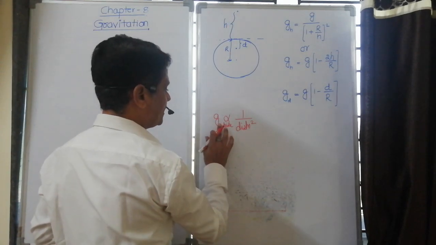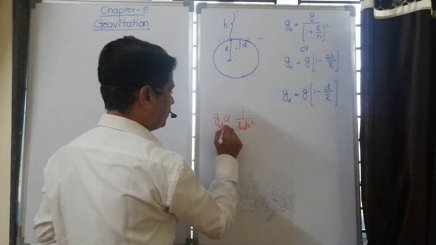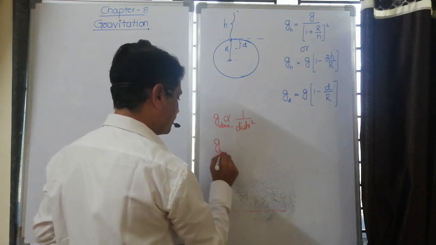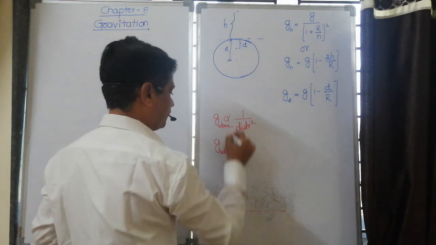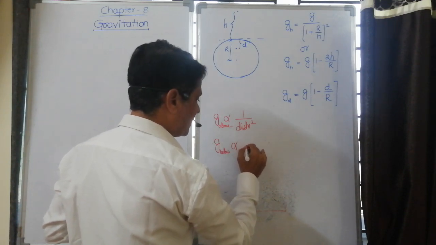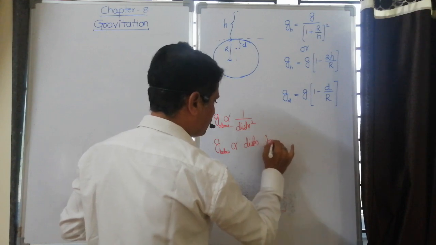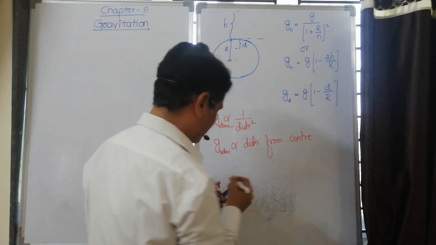Instead of using the word outside, I can say above the surface of the earth, and below the surface of the earth as we come down, g is directly proportional to distance from center of the earth.